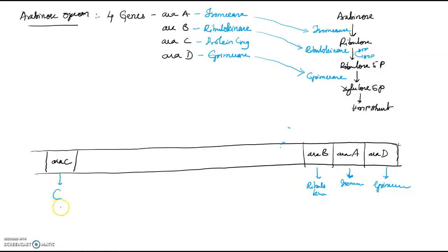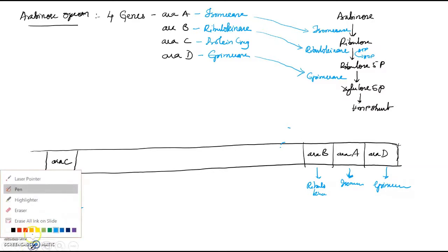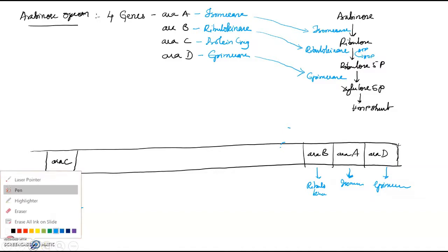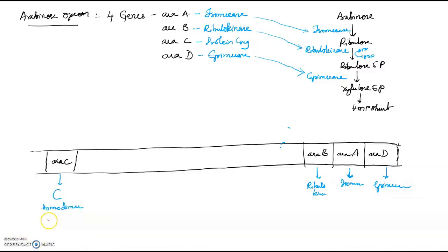This regulatory protein C is a dimer. It is a homodimer. So it has two ends. I will draw it like this. It has two ends, and one end is bound with the other end.